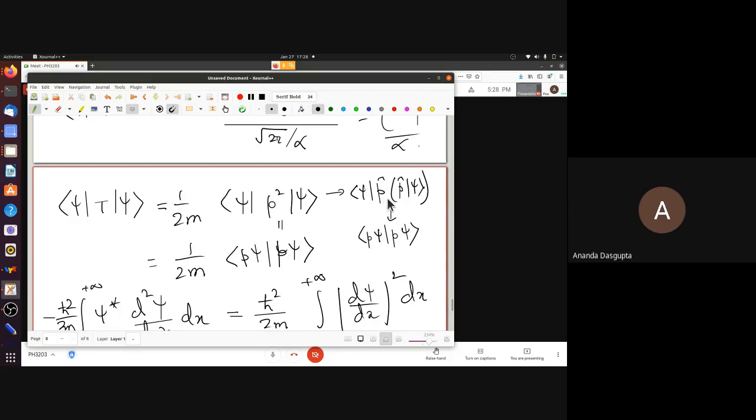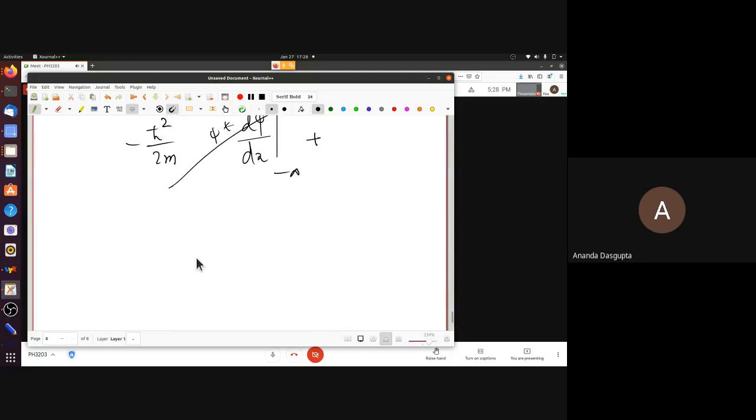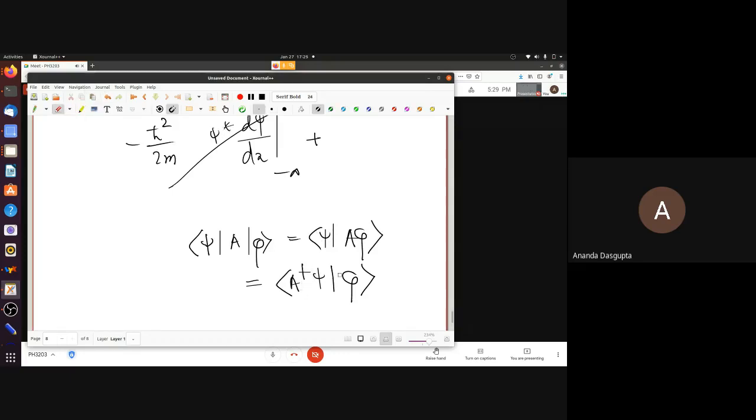So basically, for any operator, psi, A phi, which is really psi acting on the state A phi, that's what psi A phi really means, is the same as A dagger psi overlap with phi. That actually is how A dagger is defined. And because the operator is Hermitian, A dagger is the same as A, at least as far as this overlap is concerned. So you get A psi phi.